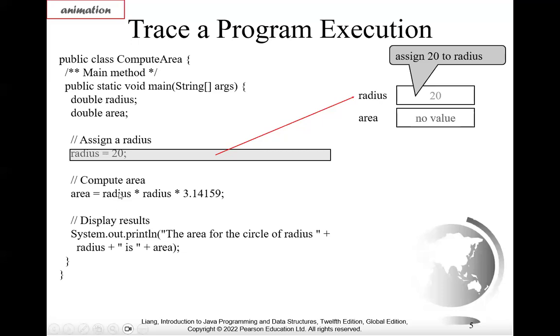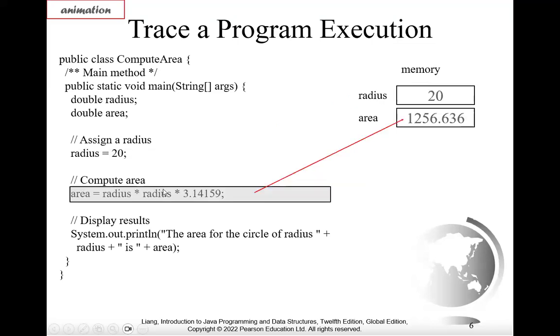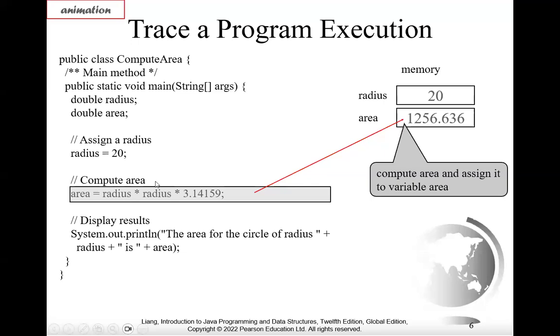So we know that 20 times 20, which is 400, times 3.14159 should be the value of area. That gives us 1256.636. So this is the value of area.